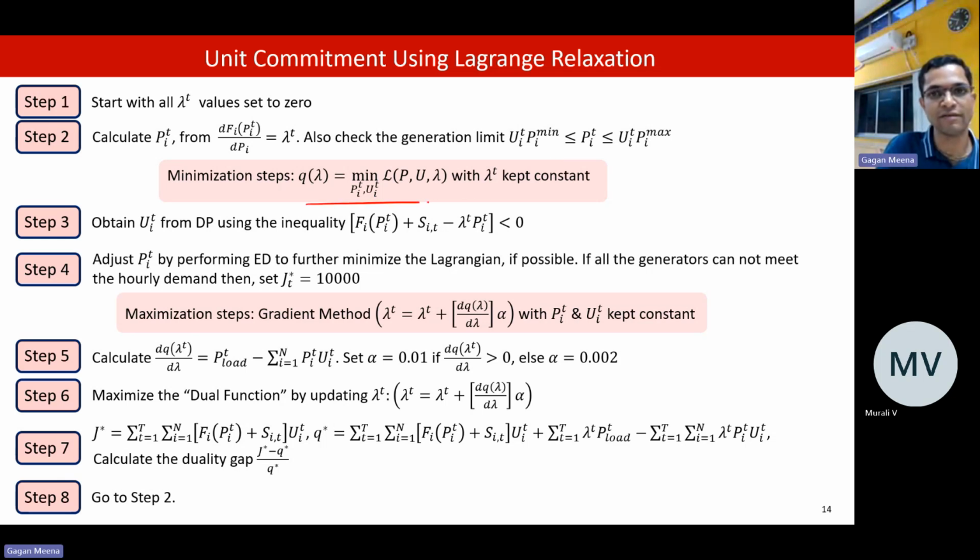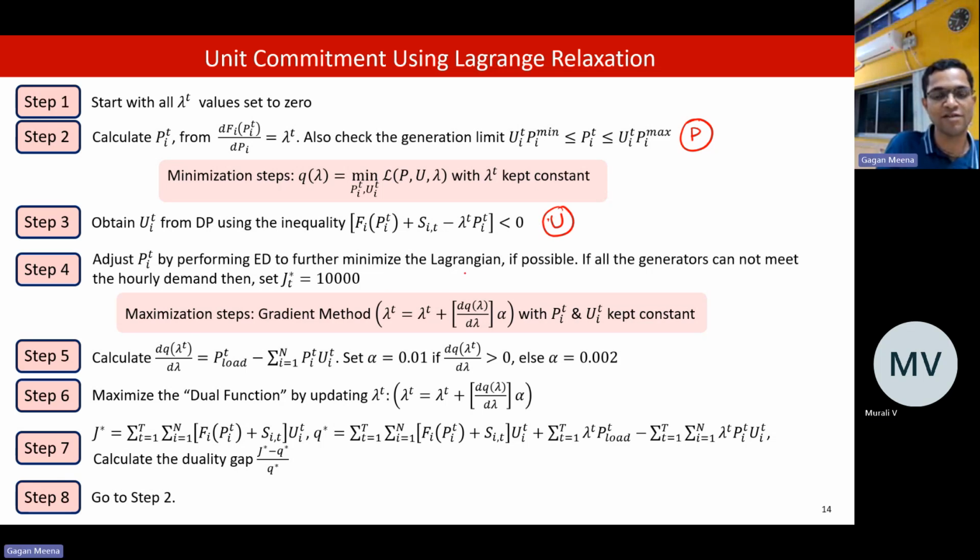And so we can find out this value then. Once we find out, from here we are finding p, and from here we are finding u.